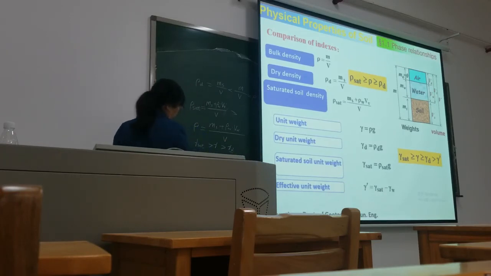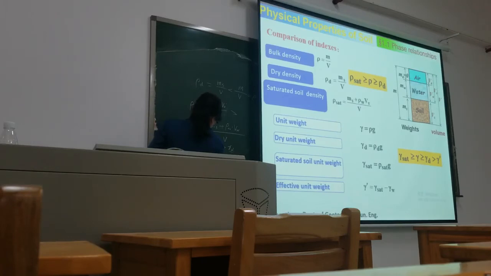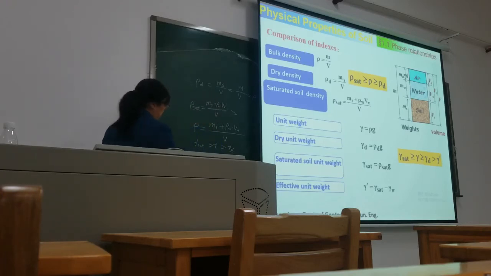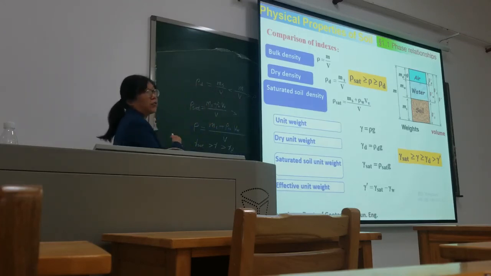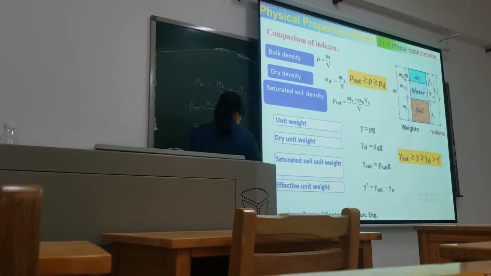The dry unit weight, we use the weight of soil grain divided by volume. But for the effective unit weight, we use the weight of soil grain minus the buoyant force of the soil grain.